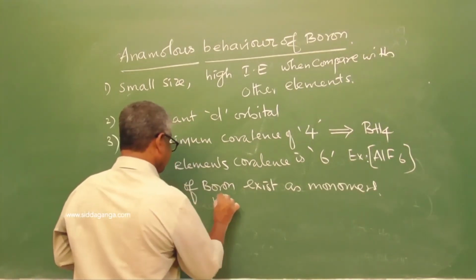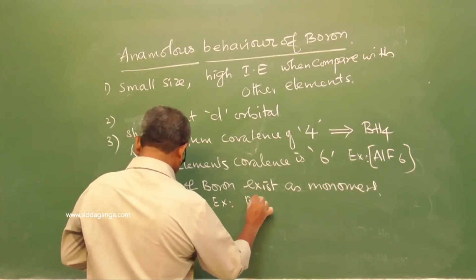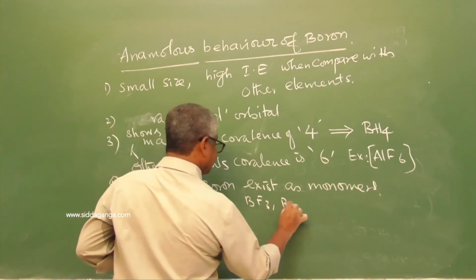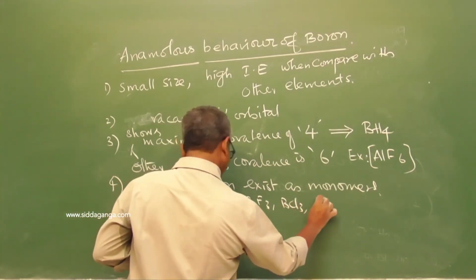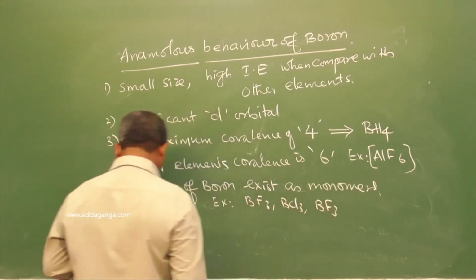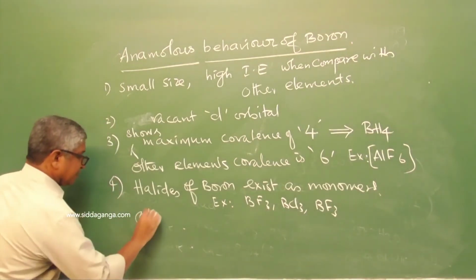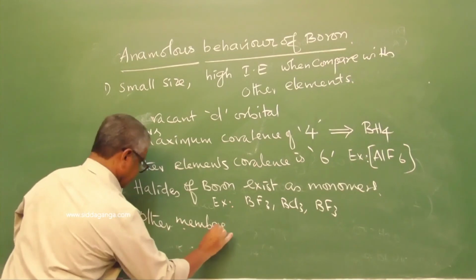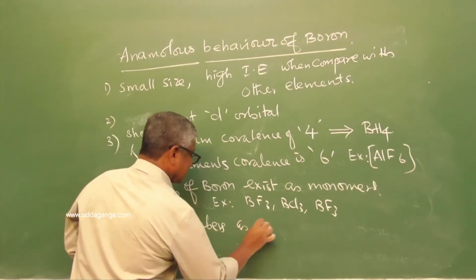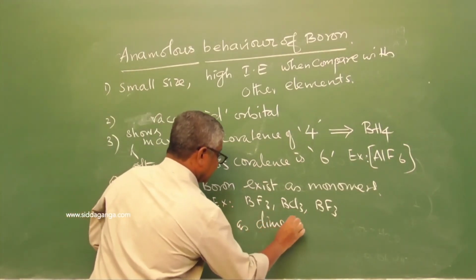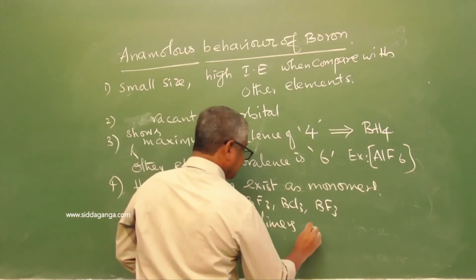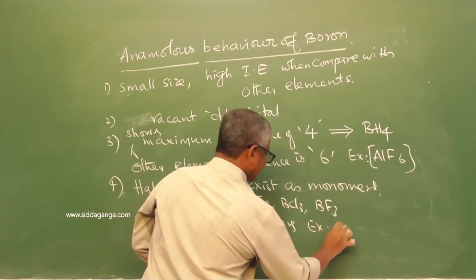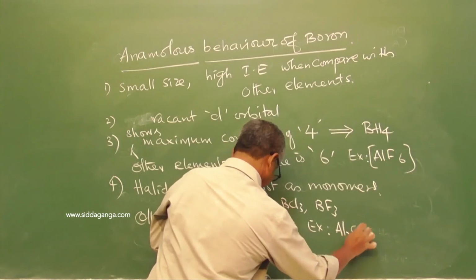Examples: BF3, BCl3 and BBr3. But other members exist as dimers, for example Al2Cl6.